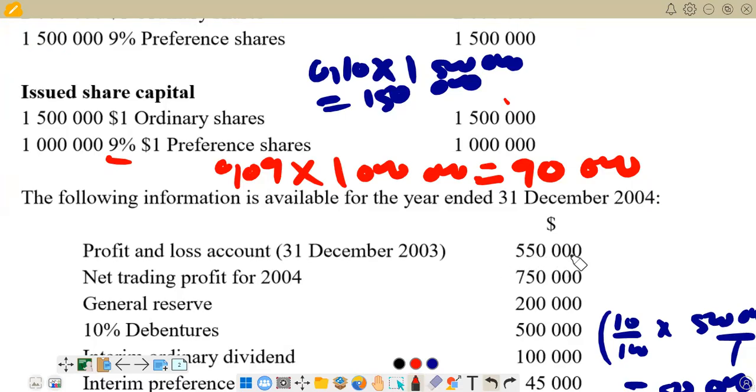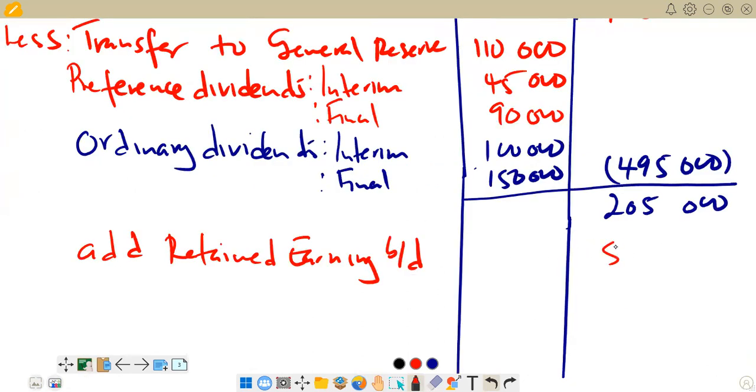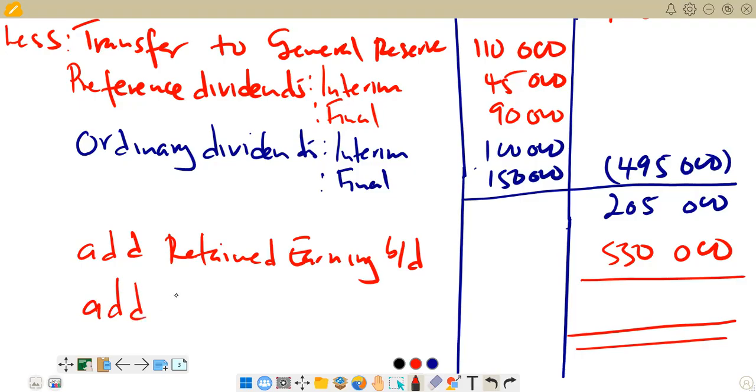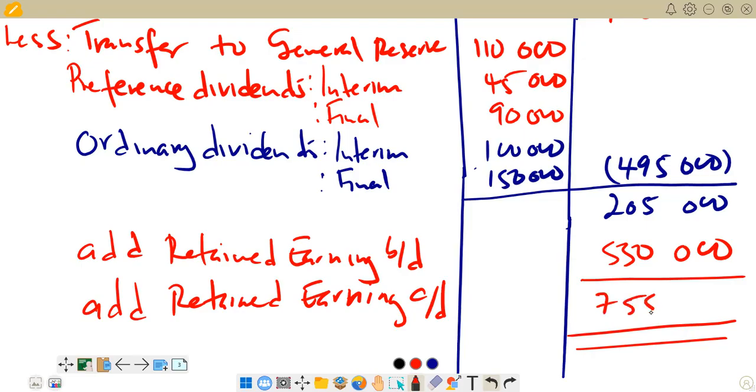So this is the retained earnings coming from the previous period, 550,000. So we add that one. When we add, we find the closing balance of retained earnings, and we could call it retained earnings CD. So we add the two, we get 755,000. So that's the closing balance that we have on retained earnings.